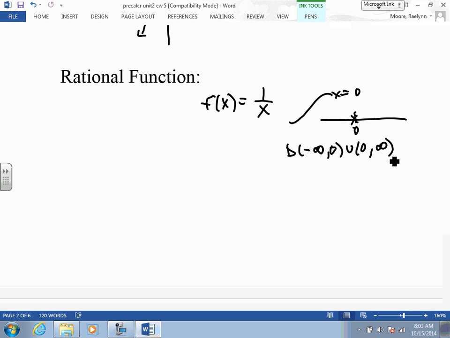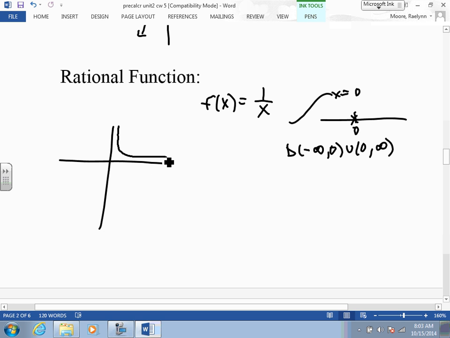Now, your rational function is going to look like this. It has an asymptote. This is your asymptote, here and here. It can't use an x of 0. So is there any way that I can get a y of 0 out of there if I can't use an x of 0? Is there any way to get a y of 0? No. So it's also not being able to use the y of 0, ultimately.